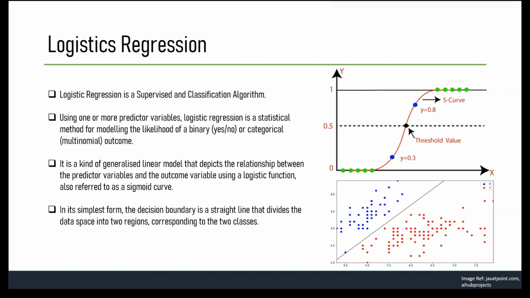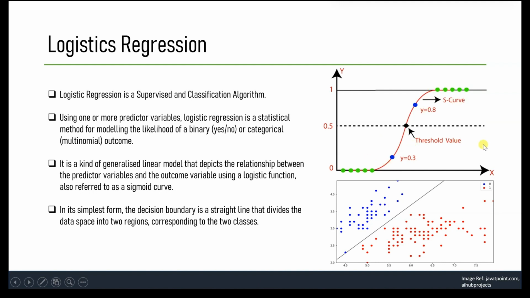So in its simplest form, the decision boundary is a straight line that divides the data space into two regions. Okay, these two regions correspond to two classes. However, in some cases, the relationship between the predictor variables and the outcome variable may not be linear, which means that a straight line will not be able to accurately separate two classes. In such cases, a non-linear decision boundary can be used, which will look like an S. Okay, you can see here.